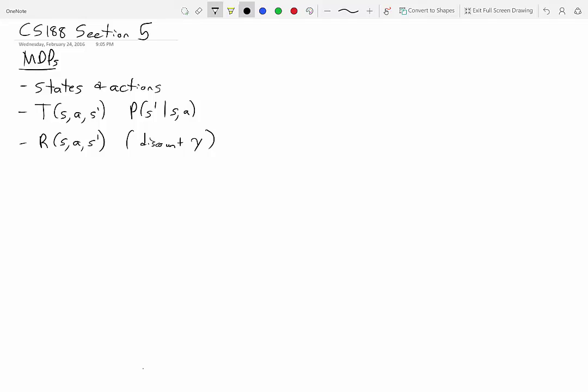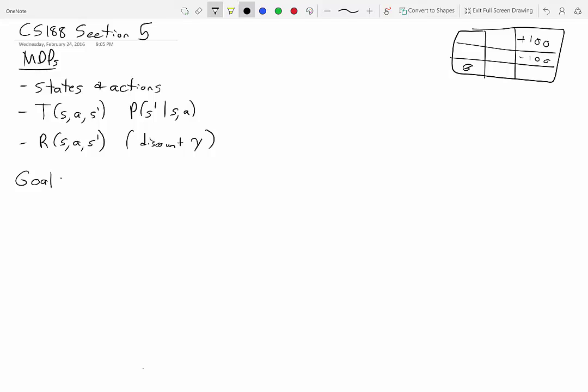And in all of these, let's keep the example of grid world in our mind. So here we have our grid, and some states are good. They give you a high reward when you go to them, and some are bad. And the goal is to maximize your expected reward. So what's our goal? It's to find the policy pi that maximizes the expected sum of discounted rewards.